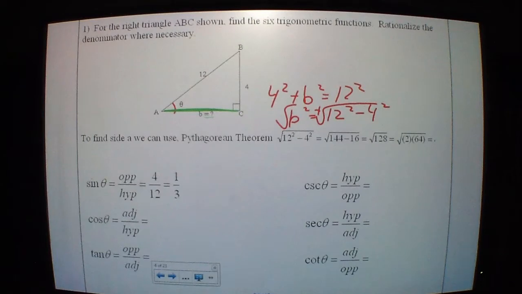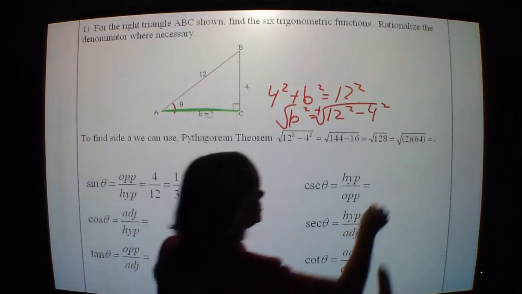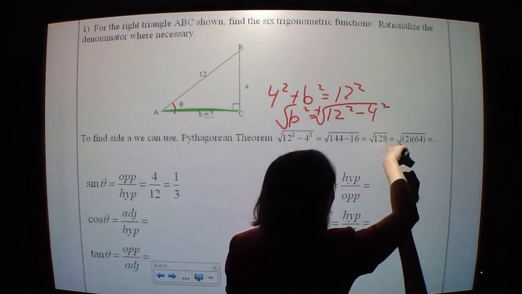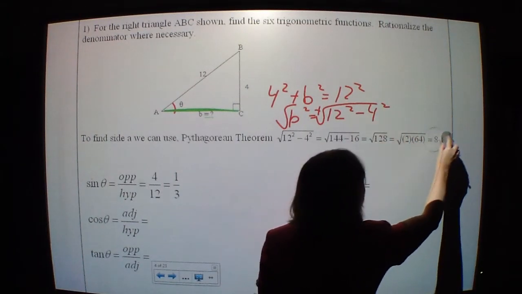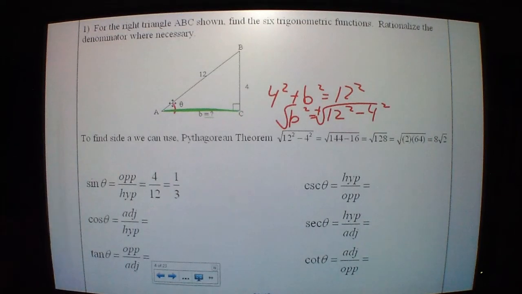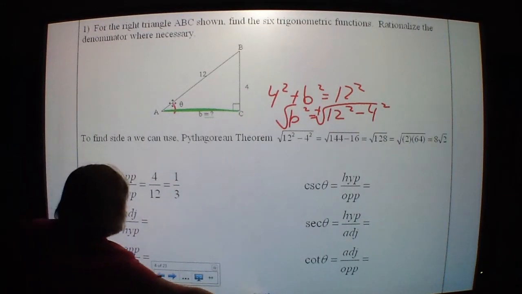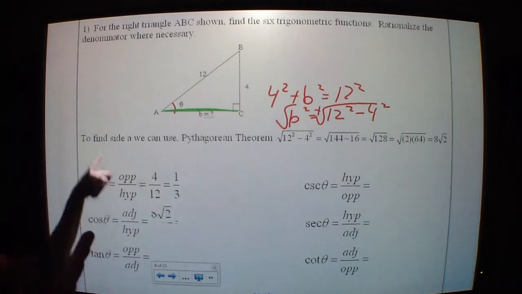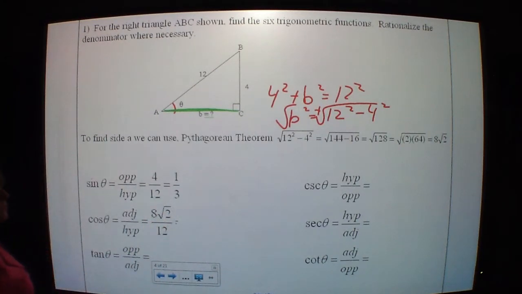I can rewrite radical 128 as 8 radical 2, because 128 is 64 times 2, and the square root of 64 is 8. So it's 8 radical 2. So now I can do cosine, adjacent, 8 radical 2, over hypotenuse of 12, and then reduce it.